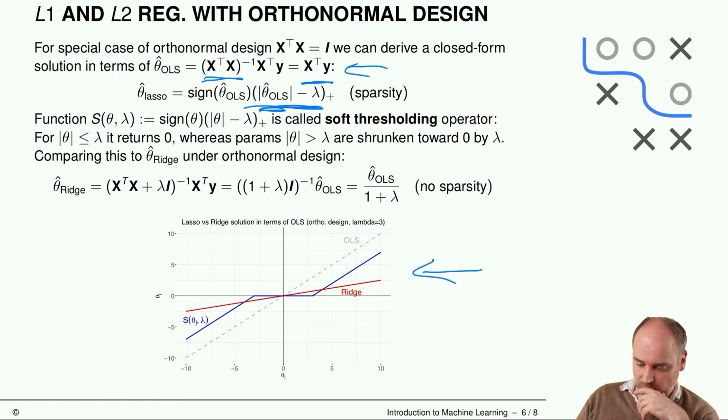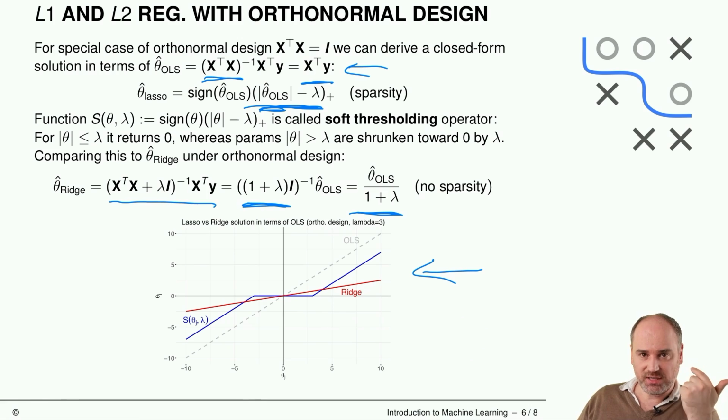Now we can look at what happens with Ridge. The Ridge formula looks very similar to the OLS, except for this plus lambda times the identity. Now X transpose X again becomes the identity. We can collapse terms a little bit on the inside, and at the end you just get this here. So you see how your Ridge estimator is a transformation of the OLS estimator by a very simple transformation.